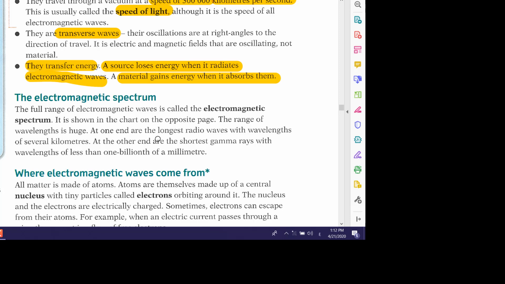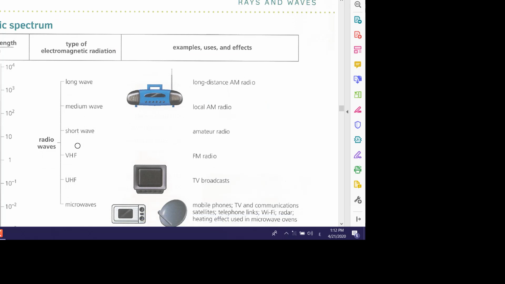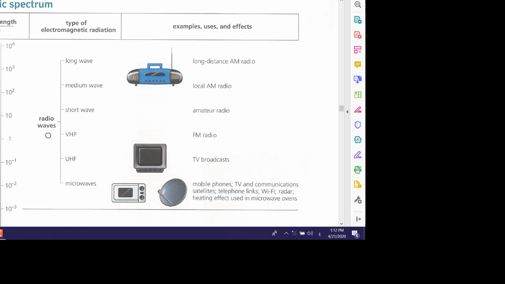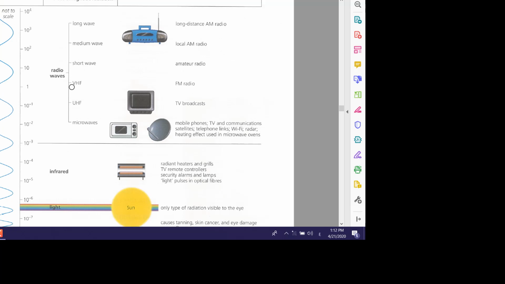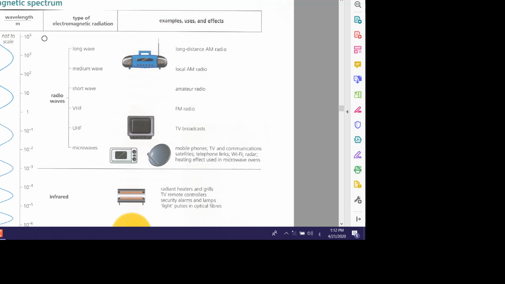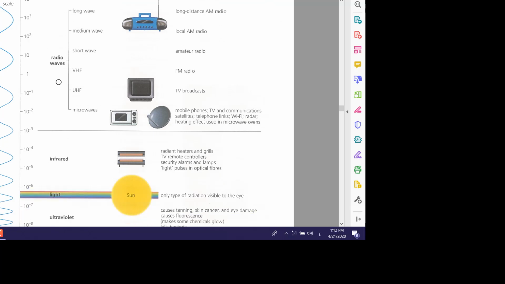The full range of electromagnetic waves is called the electromagnetic spectrum. What do you mean by that? If you go to the next page, you will see what we have. As you can see, all of these are examples of electromagnetic waves.